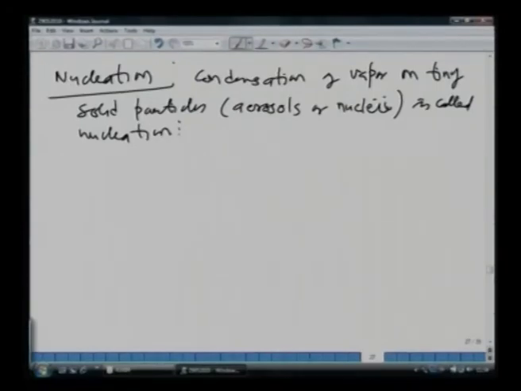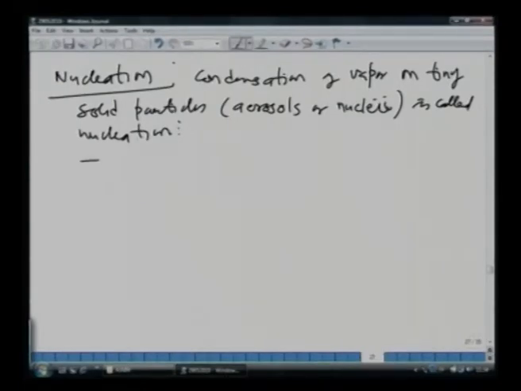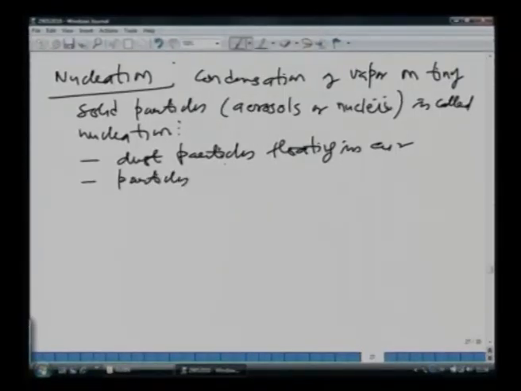I would like to quickly look at these nuclei. What are those things? These are basically some dust particles which are floating in the air. These are particles which contain ions, or which are ionized, are more effective, because they have the affinity to attract the water towards them.